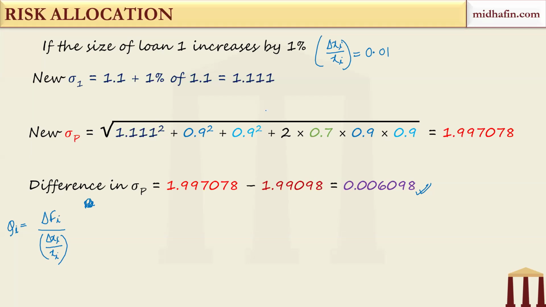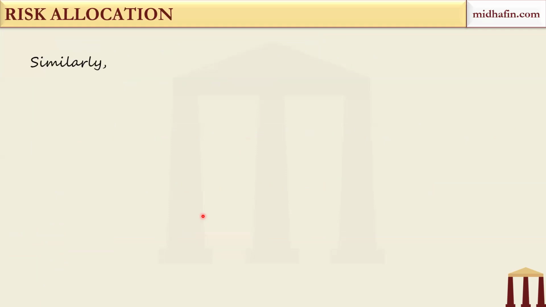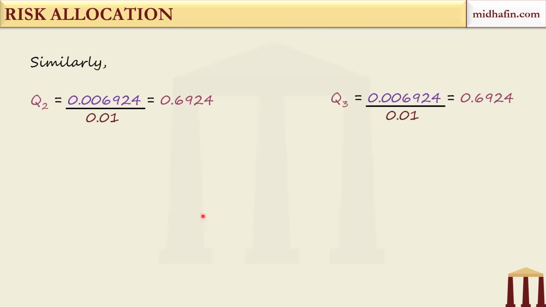Correct. Basically, we are just dividing this 0.00698 by 0.01, which will give us 0.6098. Similarly, if you change the size of loan 2 as well as loan 3 by 1% and then you calculate the same thing, I'm just giving you the numbers, you'll get 0.6924 and 0.6924 once again, because they were same, right?